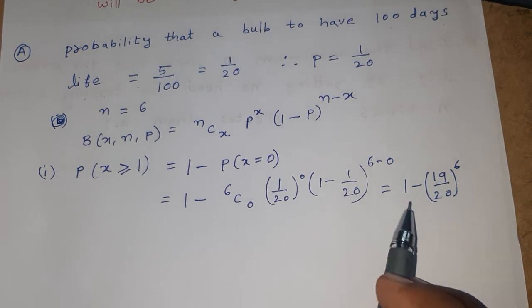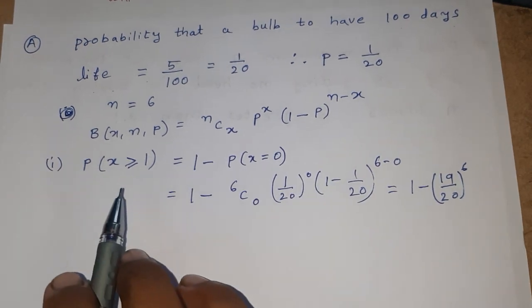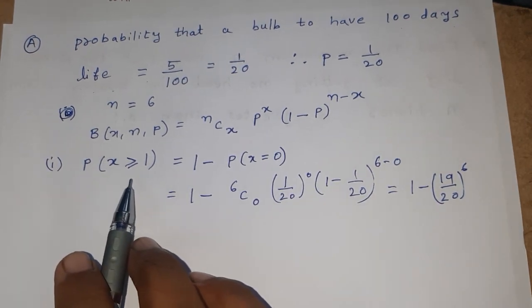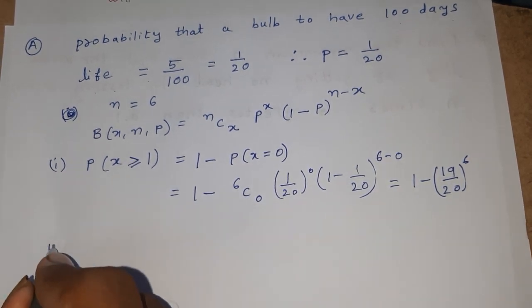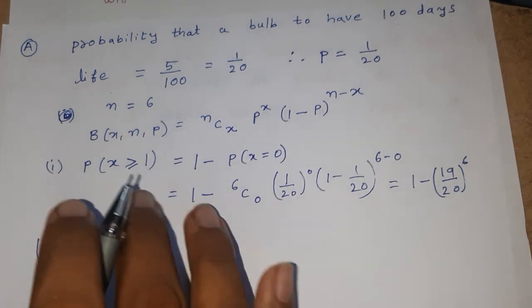This is the probability that at least one bulb out of 6 bulbs has a life of 100 days.